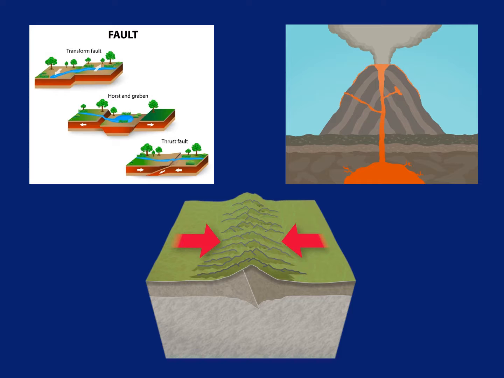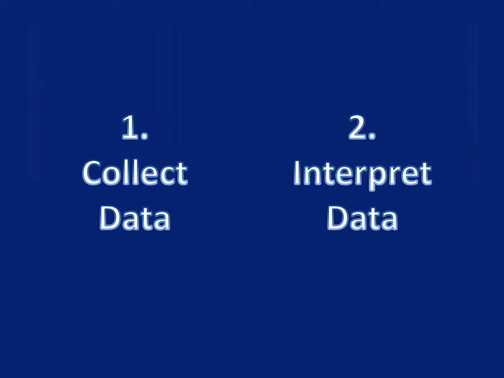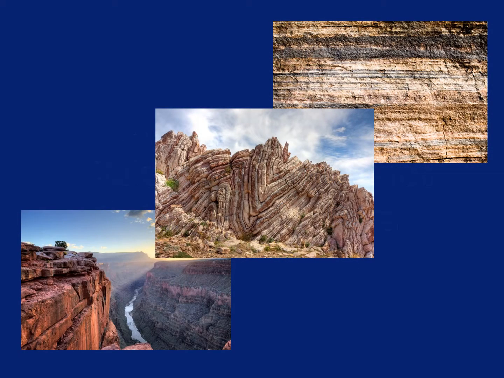Scientists who believe in the story of the flood think that all those geologic processes probably didn't stop all at one time. Earthquakes and volcanoes probably became less frequent over time, slowing to the rate at which they happen now. Remember that scientists collect data and interpret data. The rock layers around the world and the fossils we find buried in them provide us with lots of data.